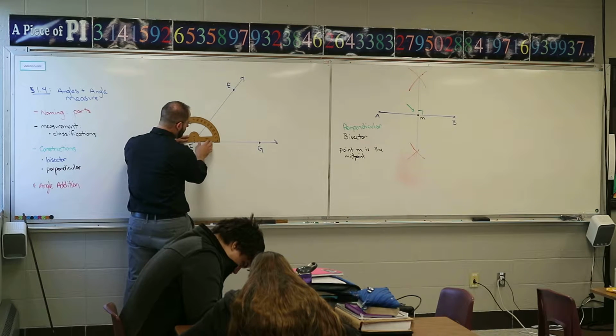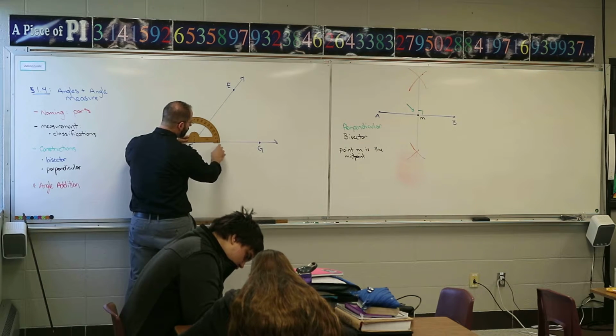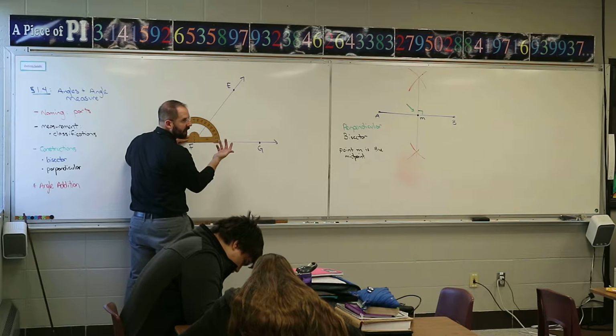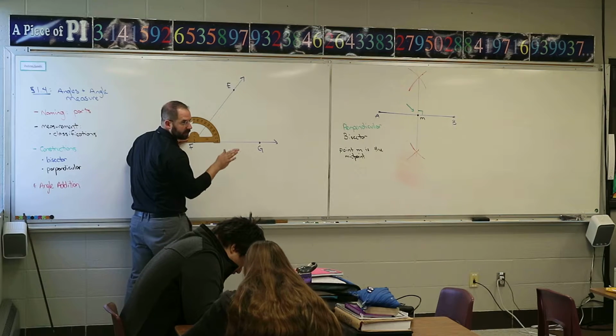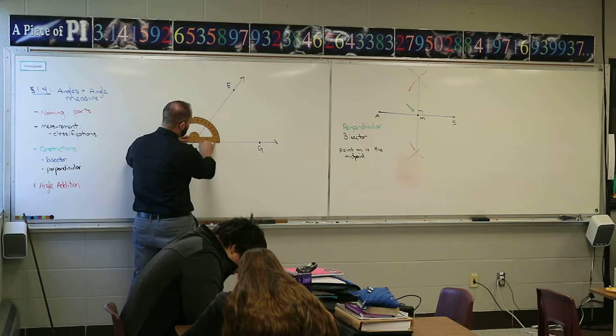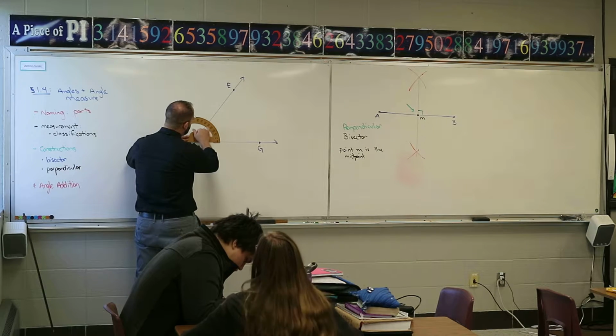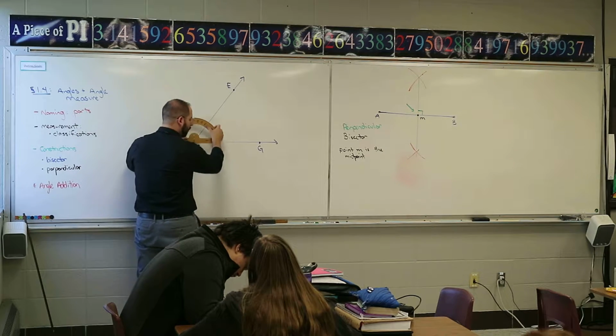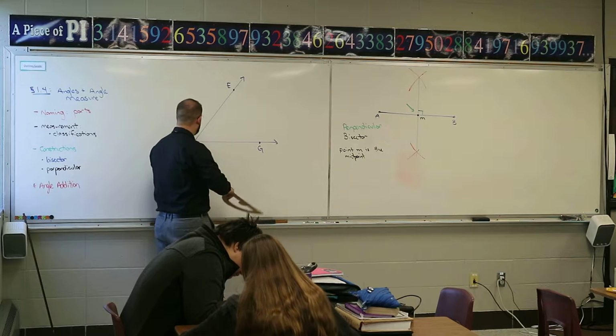So line up the dot, line up that first line going across, count out to 0. We're using the inner track. Hopefully everyone drew their angle the same way, to the right, standard position. 0, 10, 20, 30, 40, 50, mine's 54. 54 degrees.